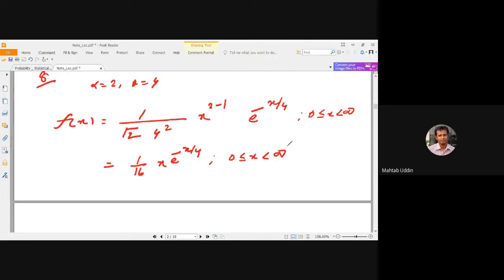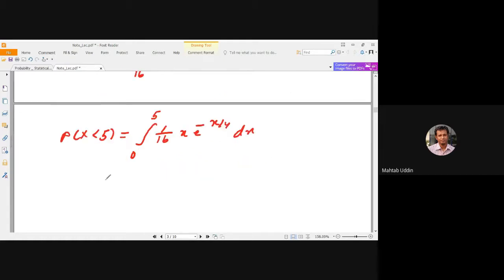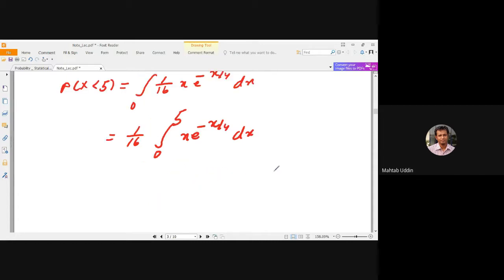Now they have said to find x less than 5. So we have to find the integral from 0 to 5 of f(x) dx. So 1 by 16 x e to the power minus x by 4 dx. Then 1 by 16 is a common factor, integral from 0 to 5 of x e to the power minus x by 4 dx. Then you can use the tabular method, that is the UV method, to find the integral.